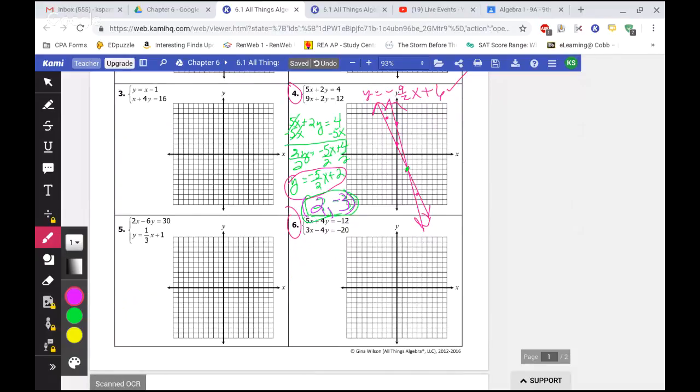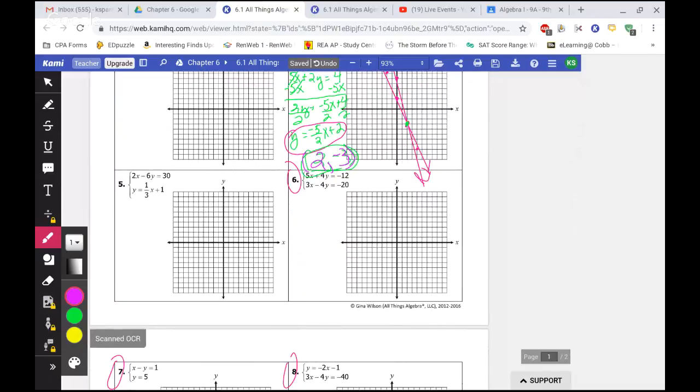Okay, number 6. There's so much to be done when you have to put them in slope-intercept form, and I'm trying not to bunch all this stuff up so you can see what I'm doing.